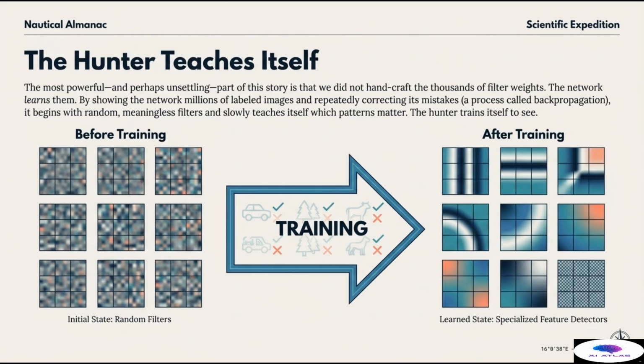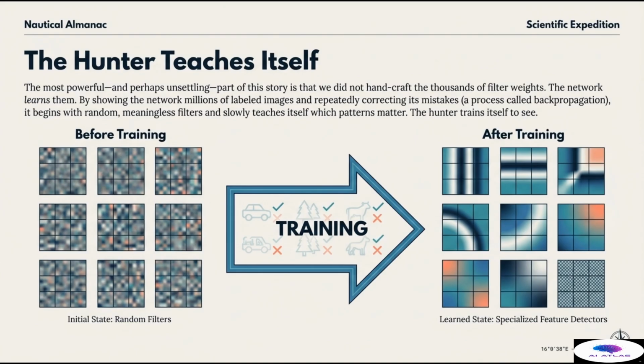But here's the magic. After every incorrect guess, the network employs a sophisticated process called backpropagation. This mathematical feedback loop adjusts every single weight in every filter across all layers, slightly correcting them to reduce the error. Over countless iterations, this repeated correction teaches the network which patterns matter.